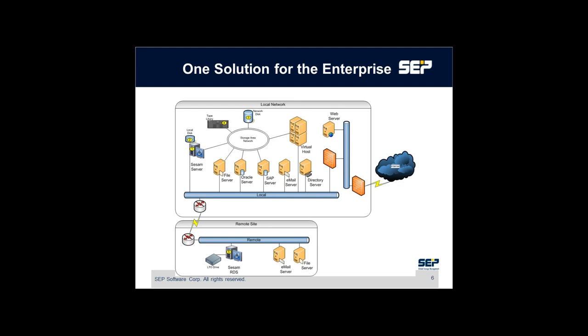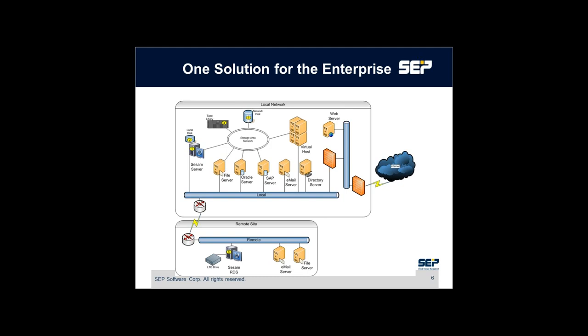So going back to the concept of having one solution for the entire enterprise, here's just a quick diagram that highlights the most common things that you would find in an enterprise and how everything ties together. On the left-hand side, at number 1, we have the main SEP server. Attached to that is some local disk storage, and it's also attached to a SAN.